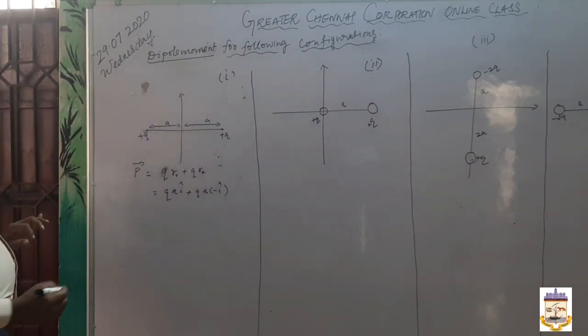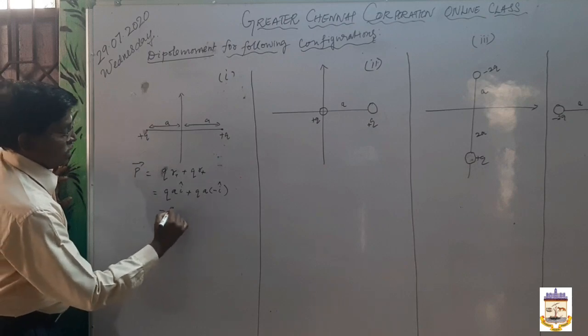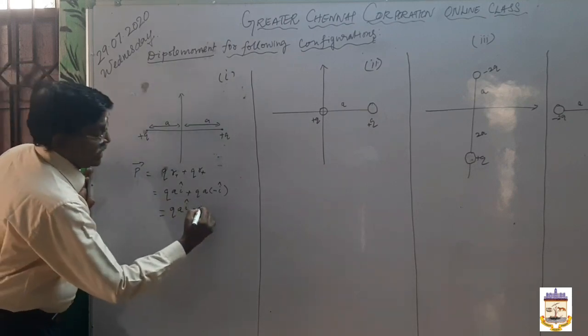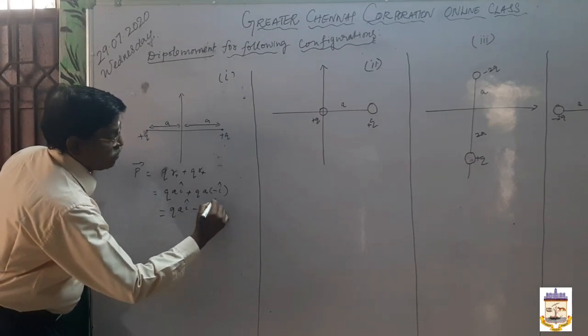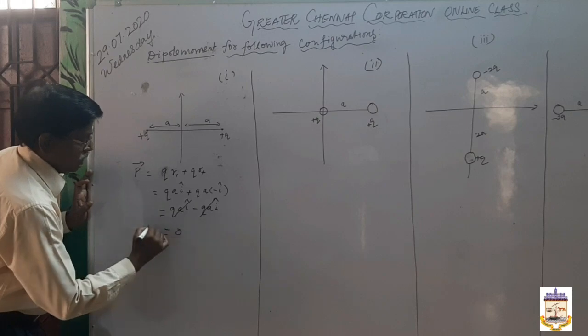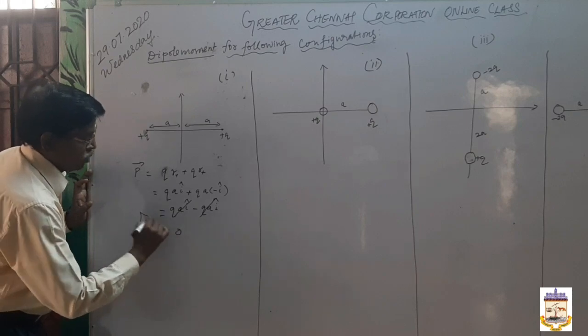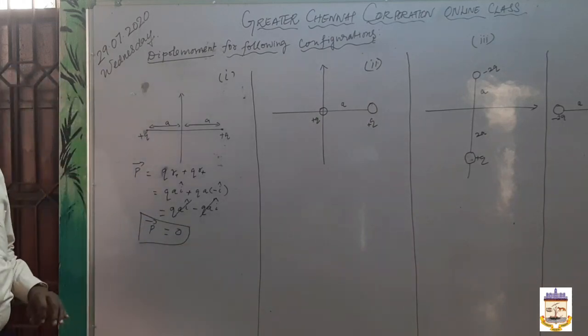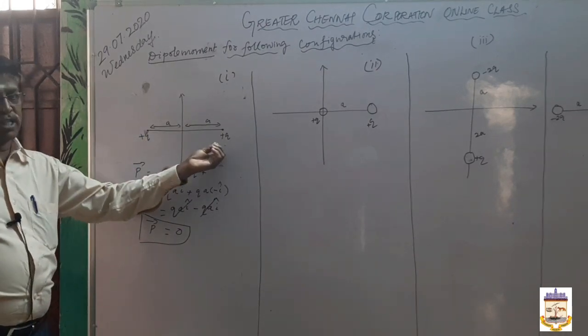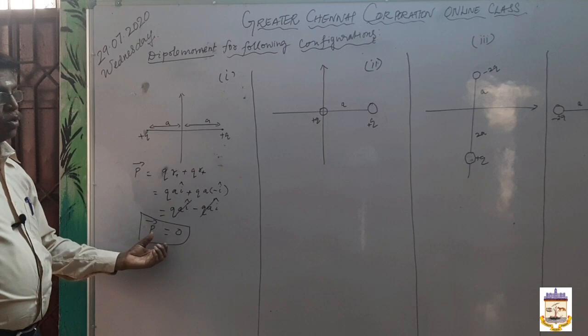Now the value becomes q into a i cap minus q into a i cap. So both will cancel. What we are getting is dipole moment is 0. In this case, the dipole moment for the two positive charges becomes 0.